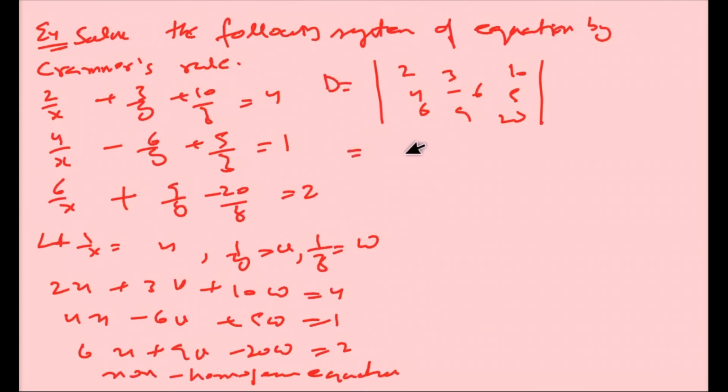So solving this we get 2 into (120 minus 45), minus 3 into (minus 80 minus 30), and for this minus 8 minus 3, this one is minus 20.